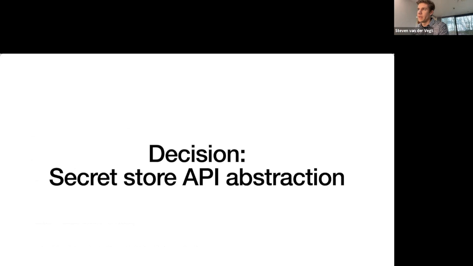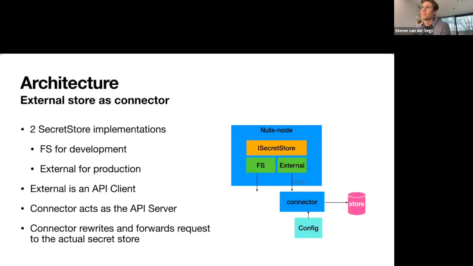We designed a secret store API abstraction. So how it looks as an architecture currently is, there is a secret store interface in the Nuts node. We've got a file system secret store still in place.